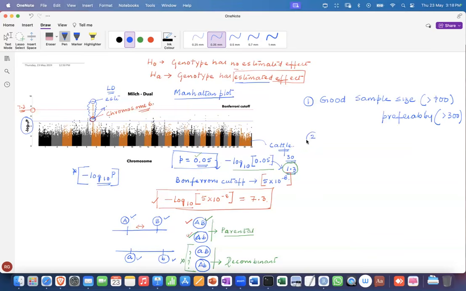Now, second one. At least as my concept goes, we do not filter for LD.